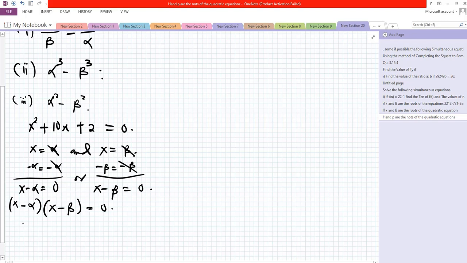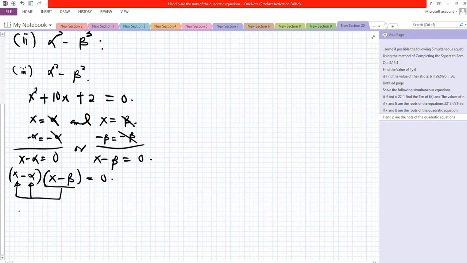Let's multiply this and this. So we're going to have x times x minus beta, then minus alpha times x minus beta equal to 0.